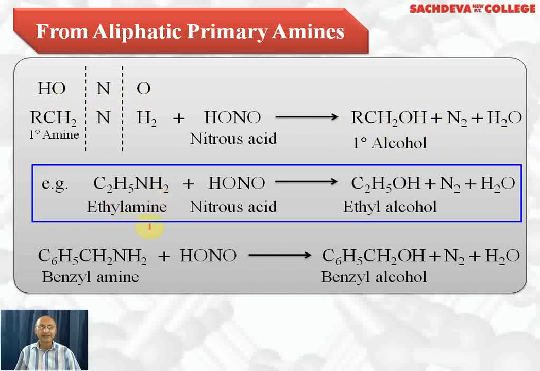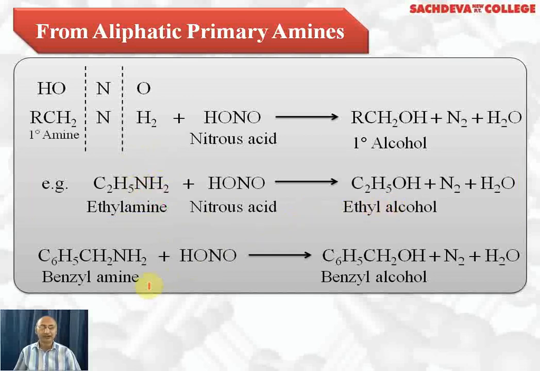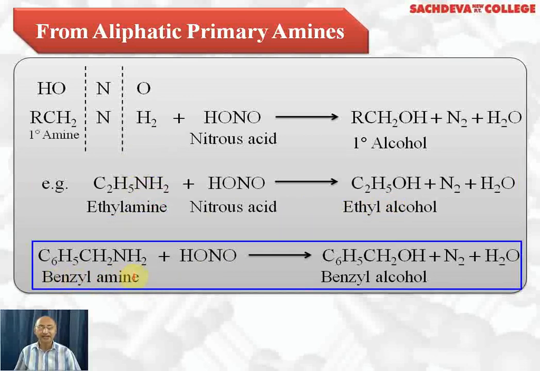C2H5NH2, that is ethylamine or ethanamine is the IUPAC name. When it reacts with nitrous acid, in the same way we carry out the reaction and we get ethyl alcohol plus nitrogen plus water. If we carry out this reaction with benzylamine plus nitrous acid, if you follow this method, you will never be wrong, and the product formed will be benzyl alcohol, whose IUPAC name is phenylmethanol. The amine's IUPAC name is phenylmethanamine, and nitrogen plus water will be formed.